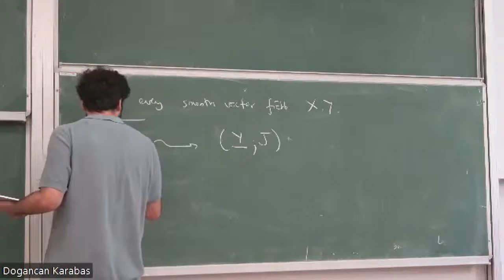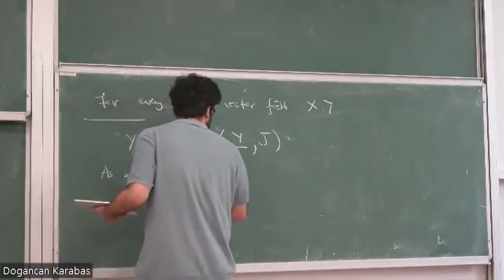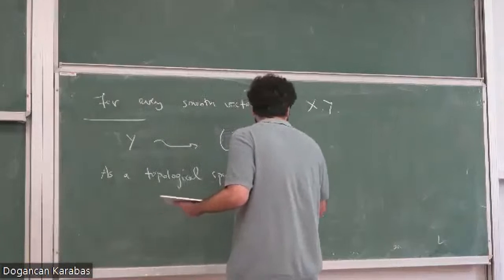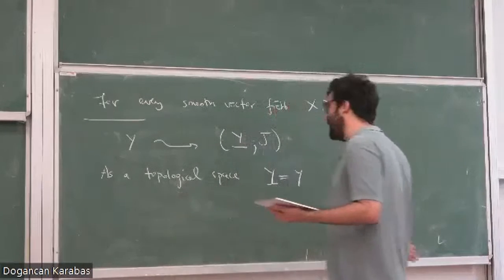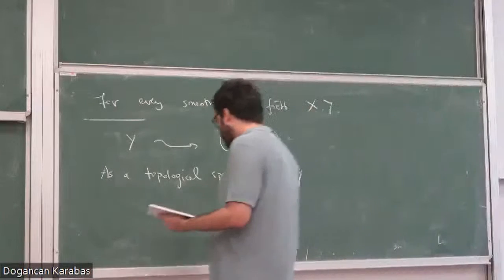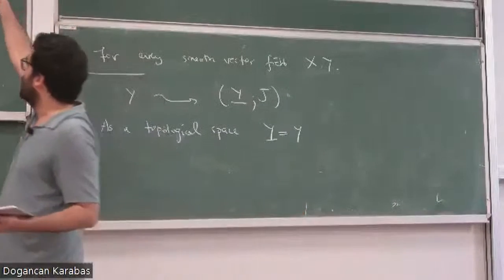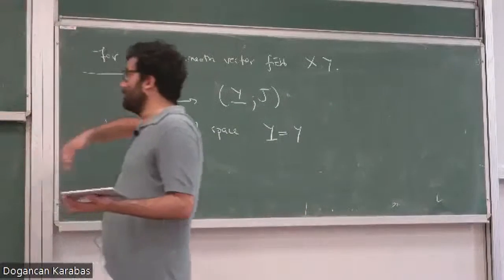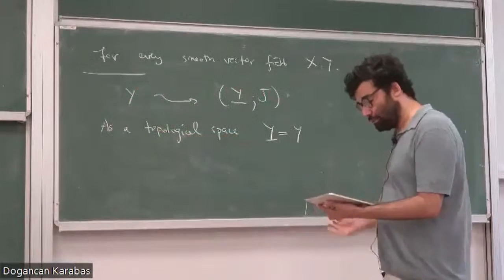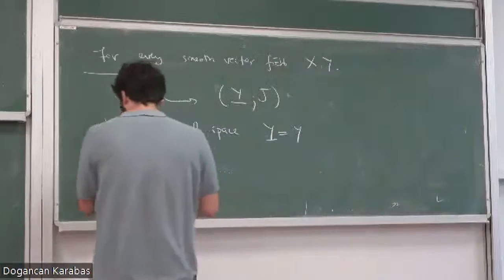As a topological space, Y underline is just Y. You have the same space. And then what you're supposed to do is take this holomorphic atlas and use that to get a smooth atlas, which is of course very easy because holomorphic maps are smooth.